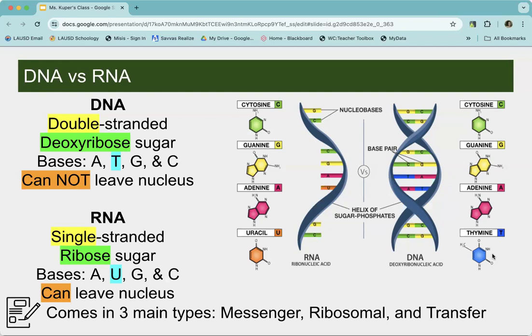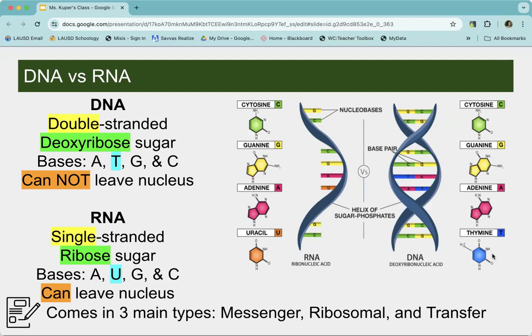DNA nucleotides, their 5-carbon sugar is deoxyribose. So it's a ribose sugar that's missing an oxygen, deoxy. And RNA has ribose sugar as its 5-carbon sugar. They both contain a 5-carbon sugar, but DNA has deoxyribose, RNA has ribose.